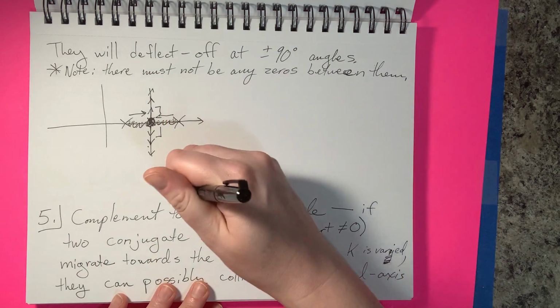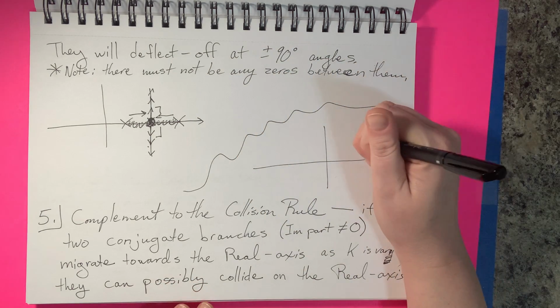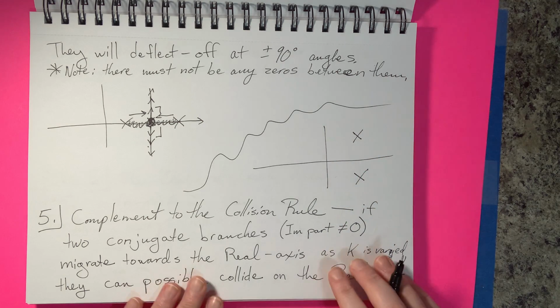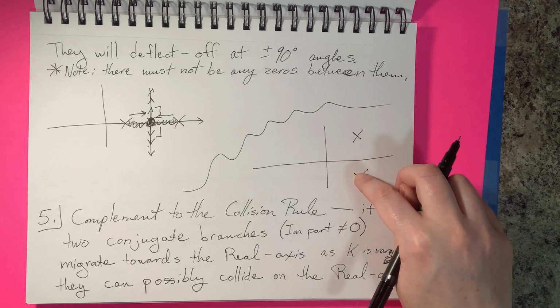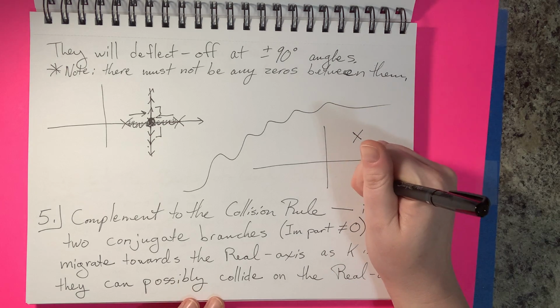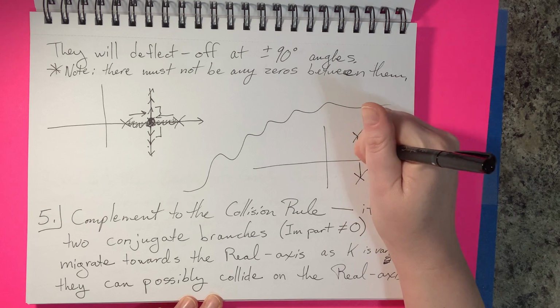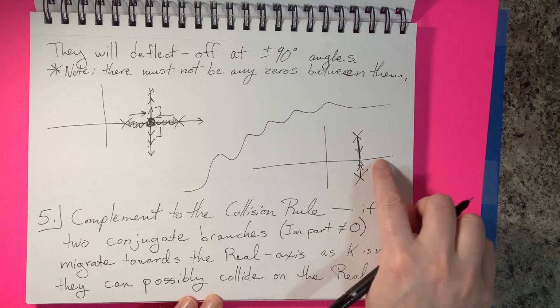In this one, we're going to have a complex pair of poles, just like this. What happens if there's no zero nearby to interfere with this? They will move towards the real axis. We can't use rule number 3 for these because they aren't on the real axis.